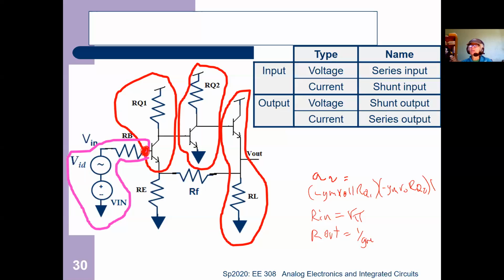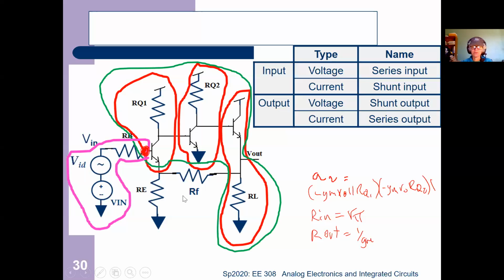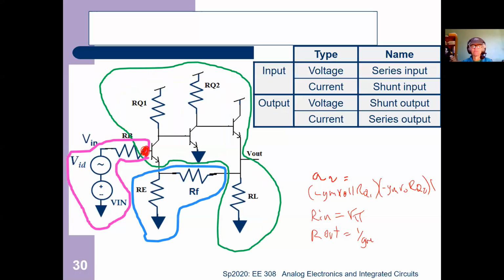Think back to the 302 model where you've got the circle that differences, then you have the AV, which we just found. And then what's left? Some feedback? Yes. So everything else, that's your AV, and whatever's left is your feedback. To find the feedback, the signal comes in from this side and goes towards the input.